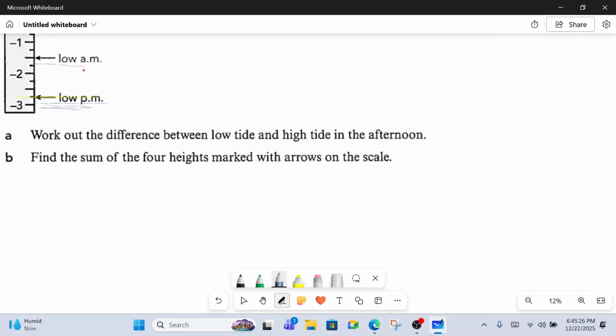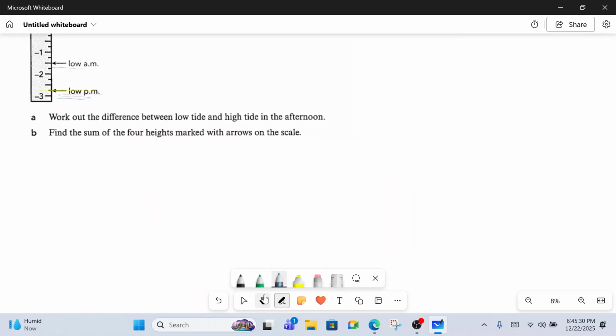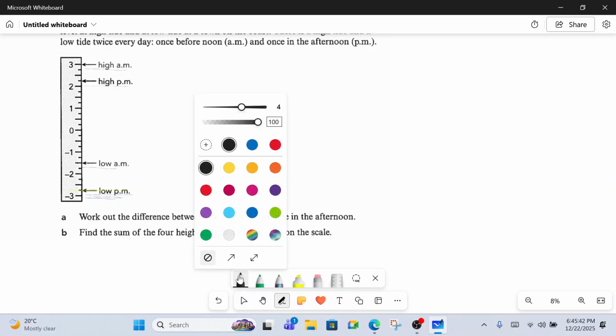You see these lines? These are marked with an arrow. If you go up, these are marked with an arrow. Since they're marked with an arrow, it's pretty obvious what it should be.